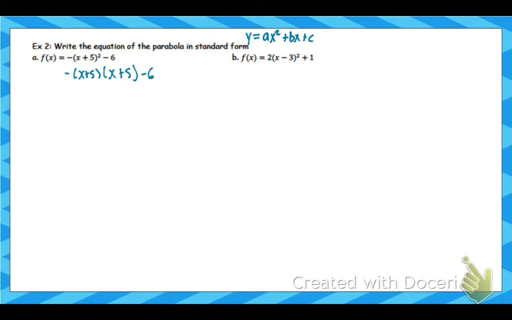So I'll go ahead and actually multiply those together. So x plus 5, well, let me go ahead and show you this in between step. Okay. Then I can combine those together. And then I can distribute that negative.